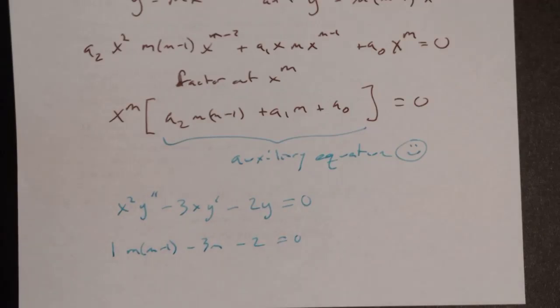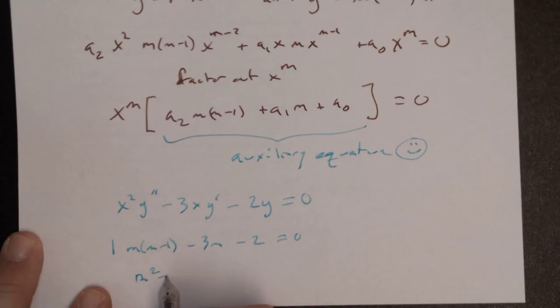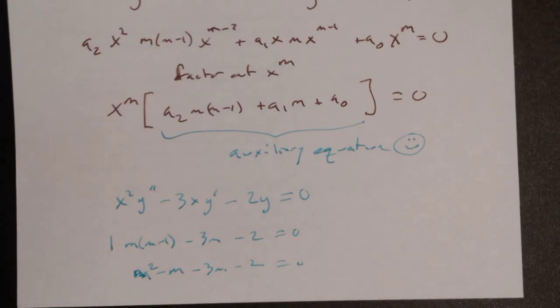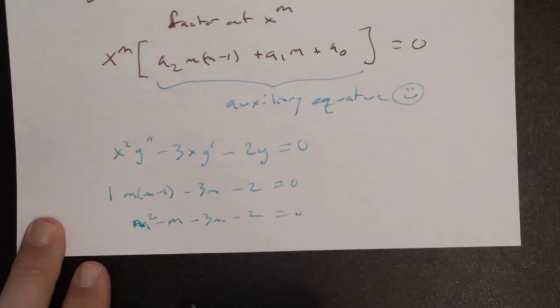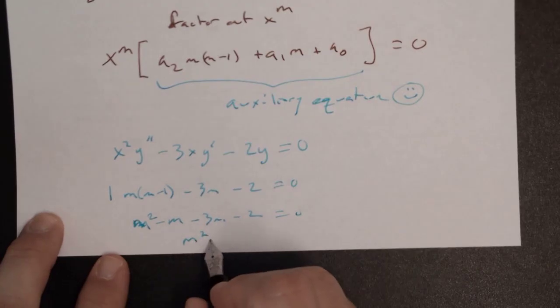That's my quadratic, which is not just m squared minus 3m minus 2. Because when I multiply this through, I'm going to get 1 extra m. So my quadratic is actually a little different than just a string of coefficients.